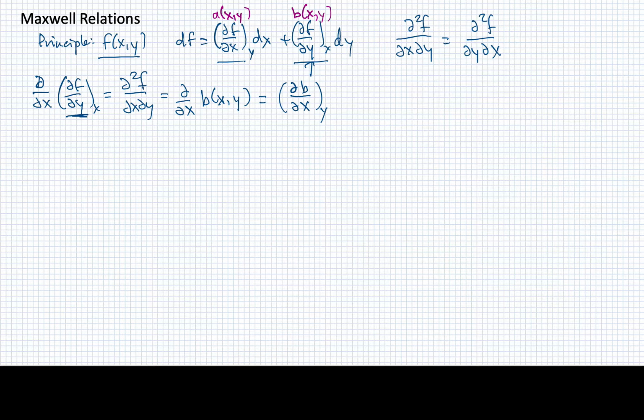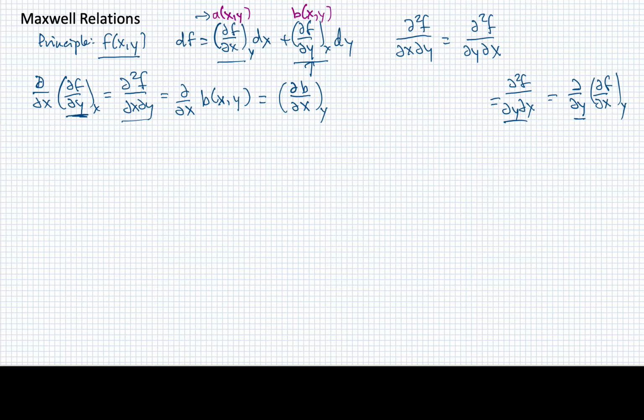Now I could have started over here and said, the derivative with respect to y of df/dx at constant y is something that represents the second derivative of f with respect to y and then x. And I know that that's equal to this, so these two things are equal. But now I can write this as the derivative with respect to y of df/dx, which is just a of x and y.